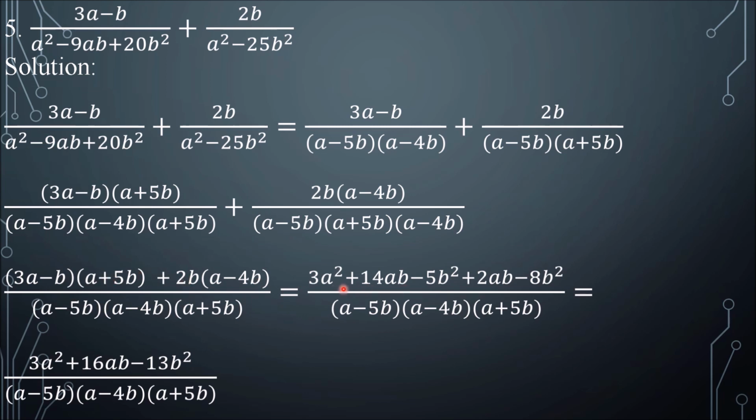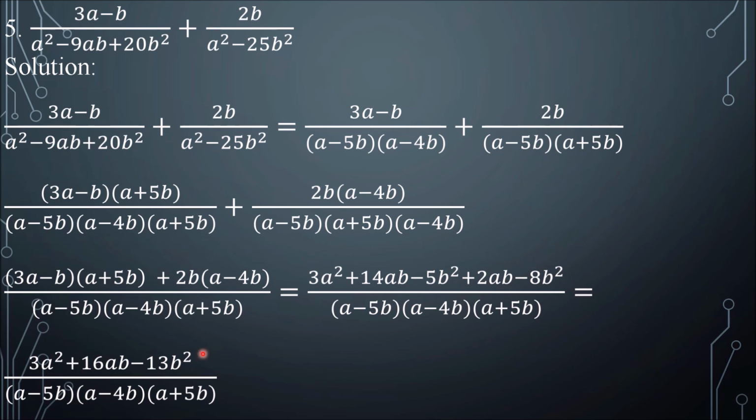That will be 3a squared + 14ab - 5b squared. This is a product of two binomials. So multiplying two binomials, the result is this. Now this one, monomial times binomial. So distribute. 2b times a is 2ab. 2b times 4b is 8b squared.